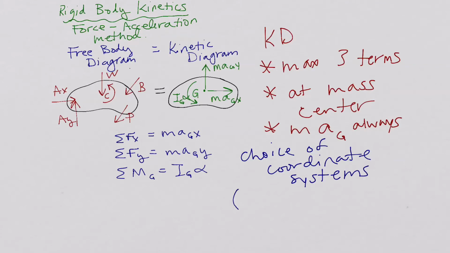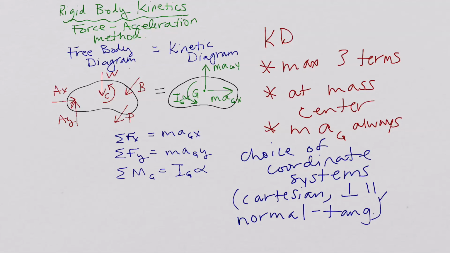They can be Cartesian, like we just did, they can be perpendicular and parallel, or they can be normal and tangential. Sorry, that was not written very well.